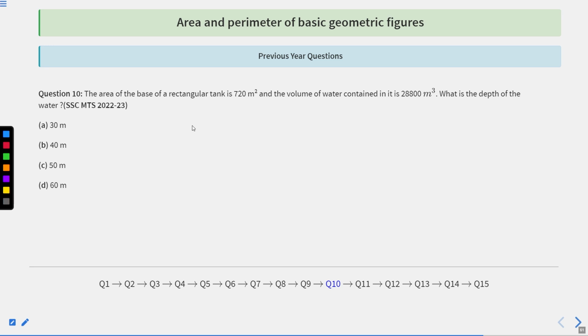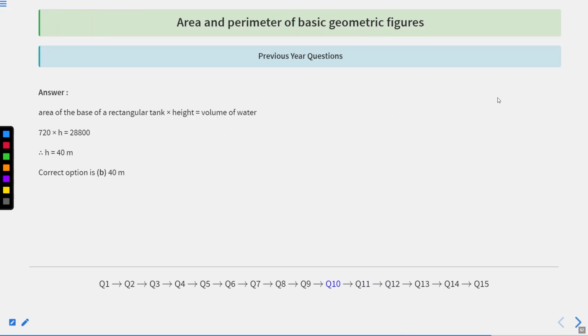One more piece of information provided to us is the volume of water contained in that particular rectangular tank. So what is the depth of the water?